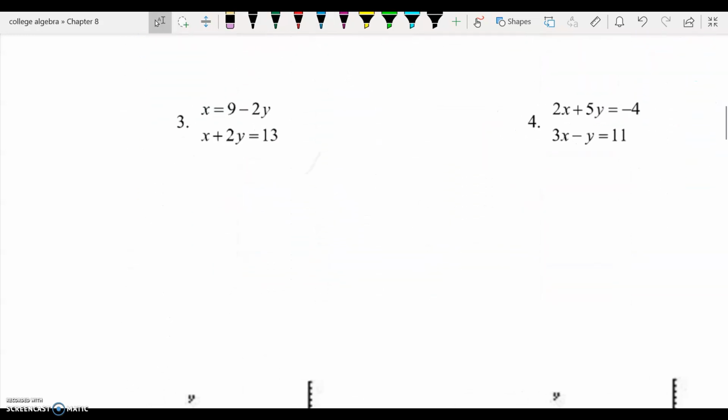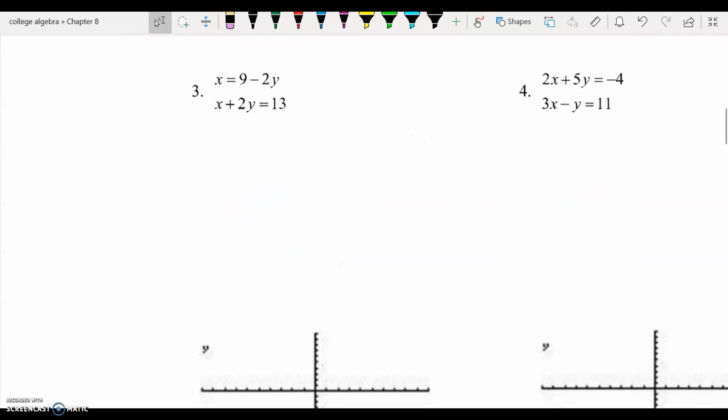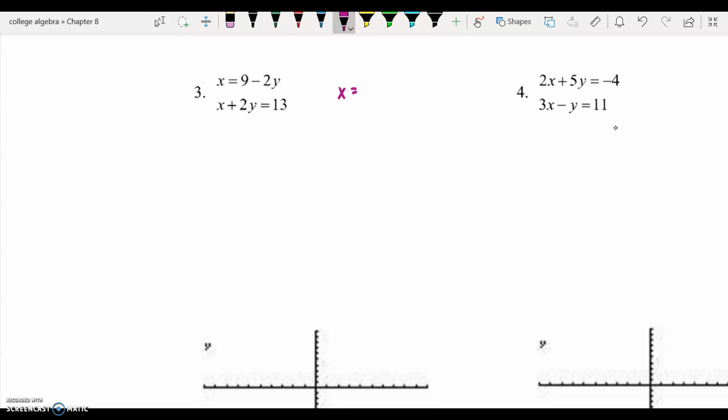Number 3, same thing. I just need to convert the equations to y equals mx plus b and solve them. So I'm going to add my 2y, subtract my x, and divide by 2.